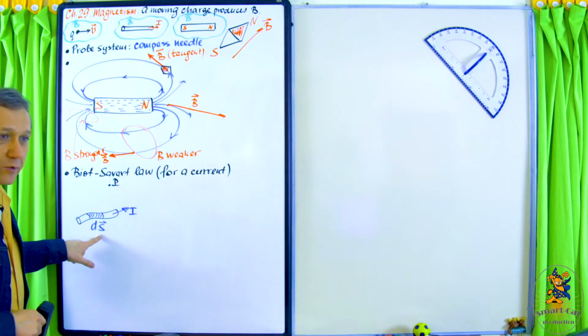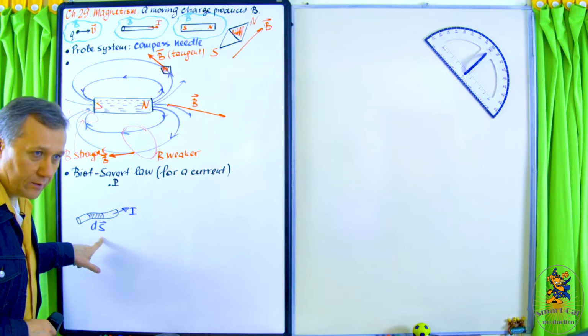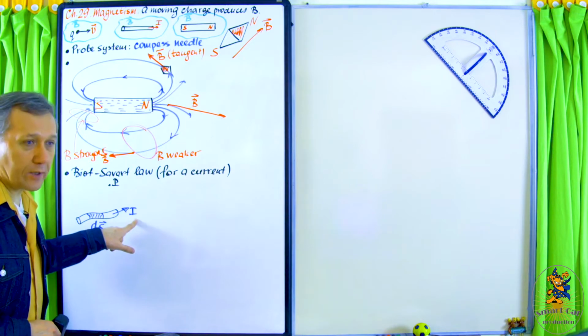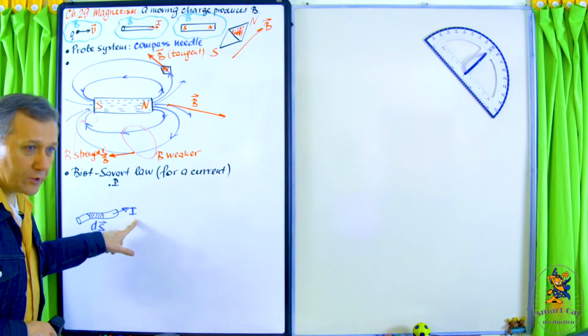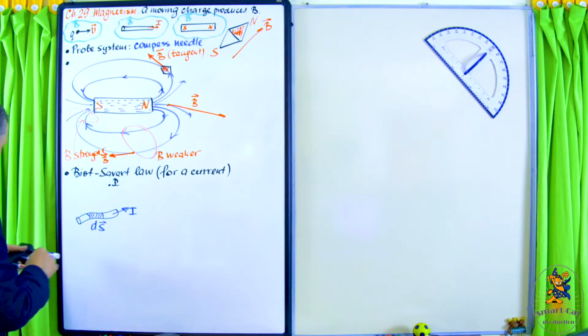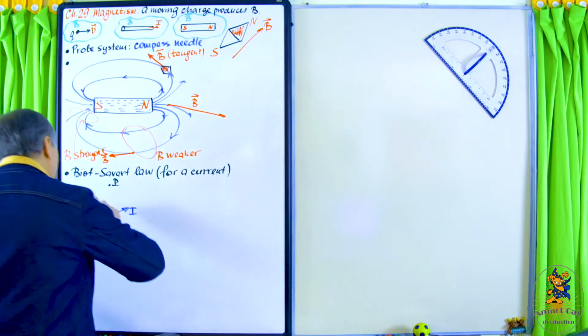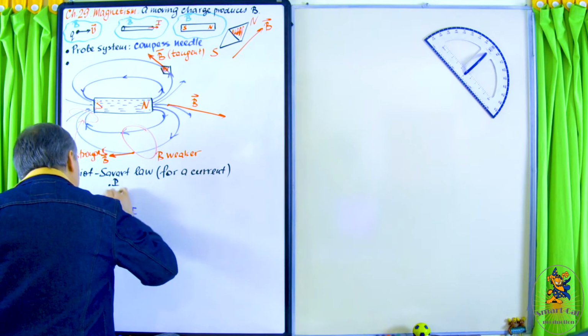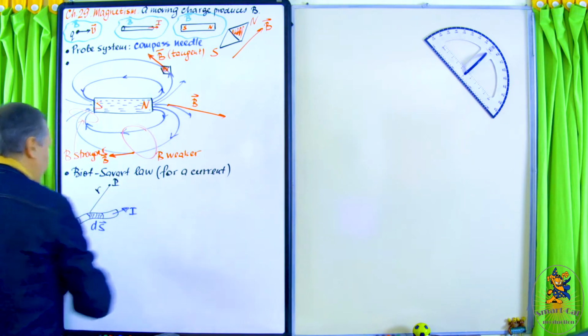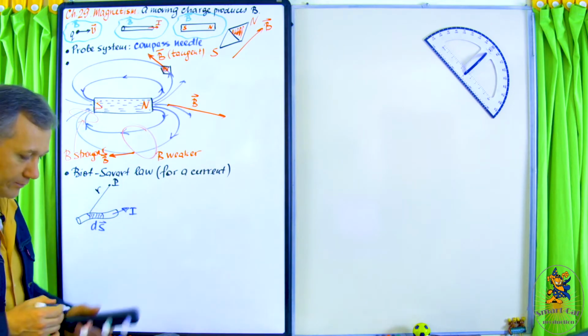Okay, so ds, you see, I introduced it as a vector. What determines the direction of this ds? Direction of the current. The direction of the current all the time determines the direction of ds. Right, then, of course, we will need a distance from that segment to the point where we want to find the magnetic field, r small.